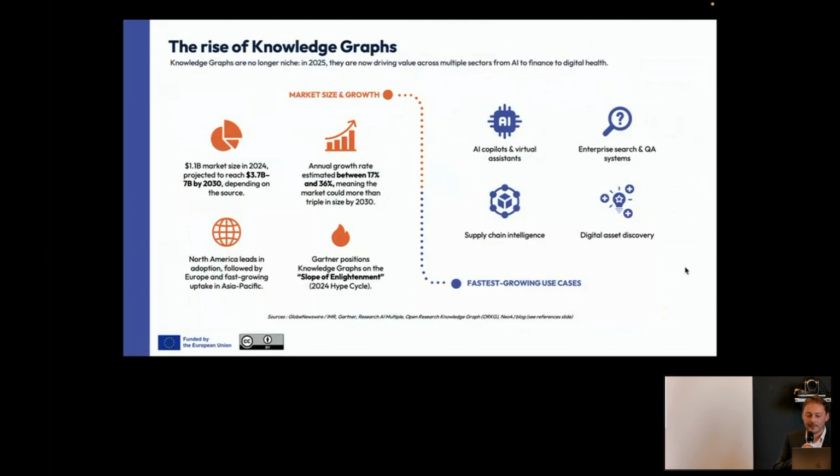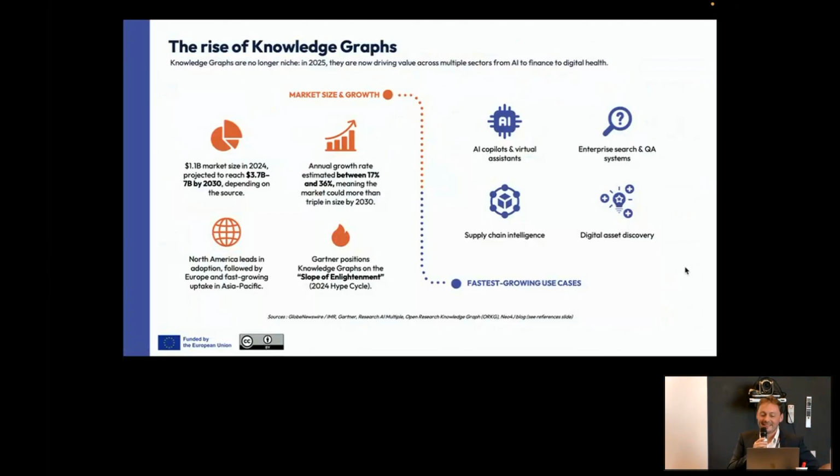So just some words about the rise of knowledge graphs, because this is a trend now. In 2025, we are no longer talking about a niche technology. The market is already worth over $1.1 billion and could reach 3.7 to 7 billion by 2030, depending on the source.